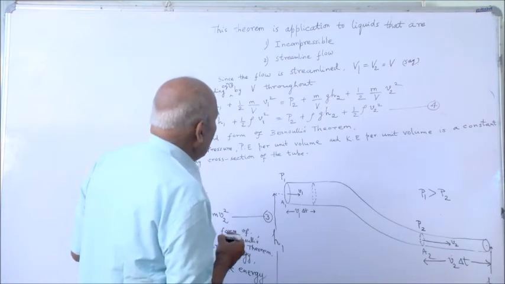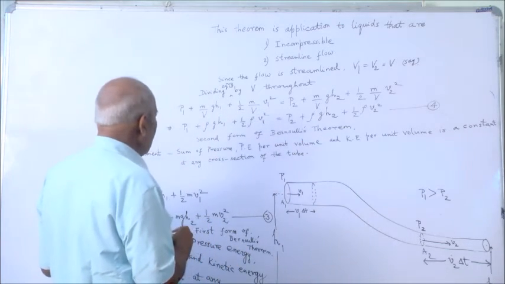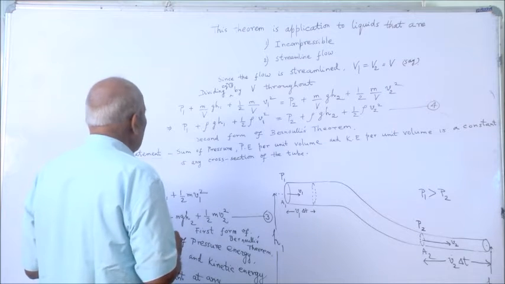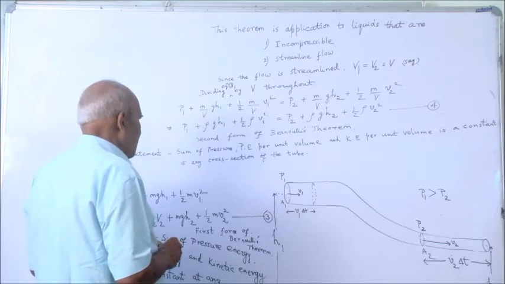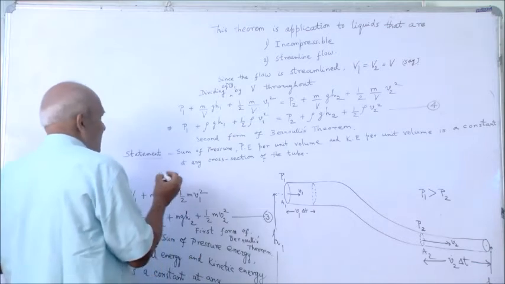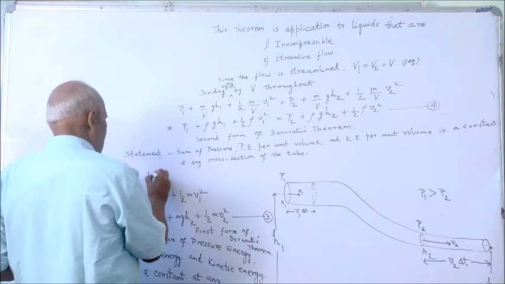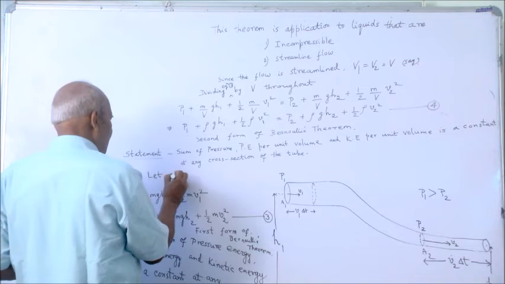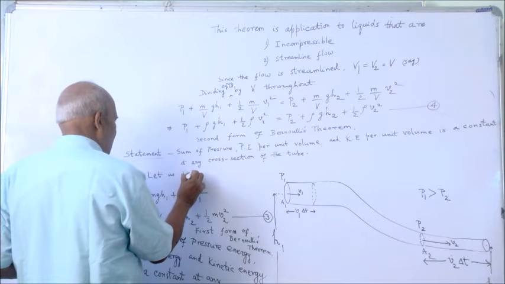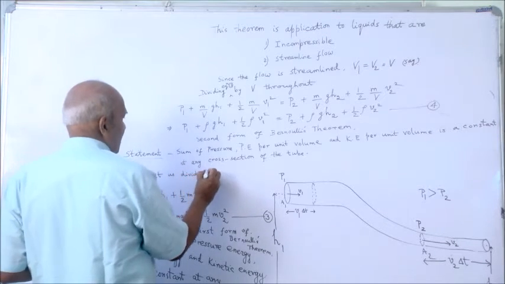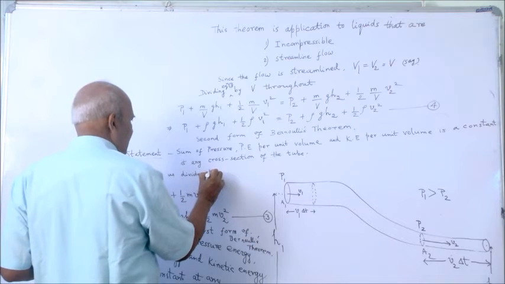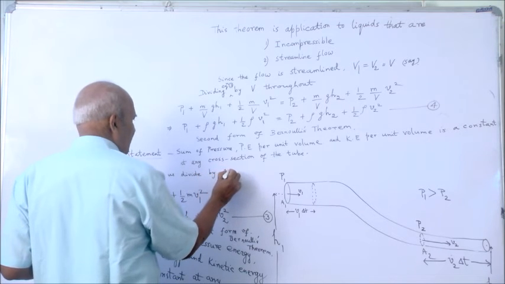Clear? So, this is another form. Then we will go to the third form. So, to get the third form from equation 4, let us divide by rho g.